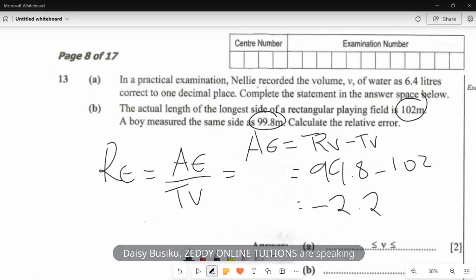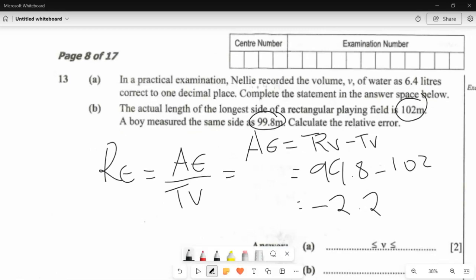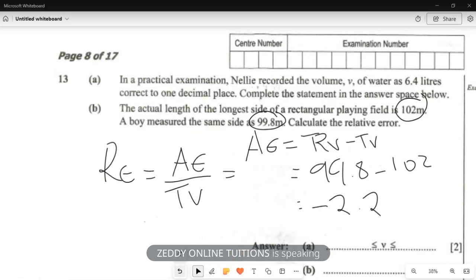Sir, do we have a decimal place on 102? You can only put a decimal place when calculating. You just put it as 102.0 so that you place it like this.